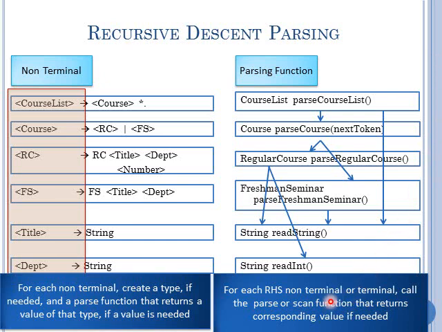So for each non-terminal, we'll either call a parse function, or we'll call a scan function. The scan function is read string here. And your scan function might just say, give me the next token that is in my array that I haven't consumed. Okay, that might be a good method to write, in fact. That you keep an index of what you have consumed till, and have a little method that says, give me the next token, and that will just go and get the next token from your array, advance the index, and that will be a convenient way to write things.